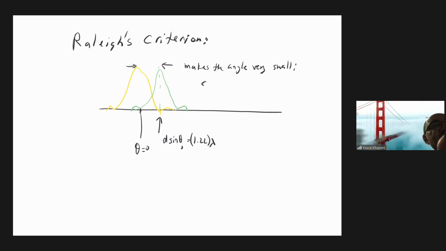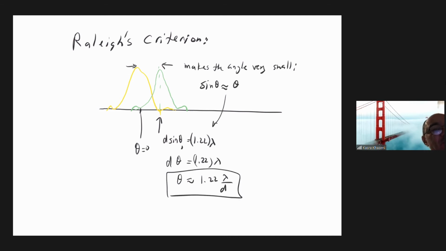So we can then say sine of theta is roughly equal to theta. Then I can say d theta is 1.22 lambda. So that angle is roughly 1.22 lambda over d. This is the separation between the two. So this is delta theta.